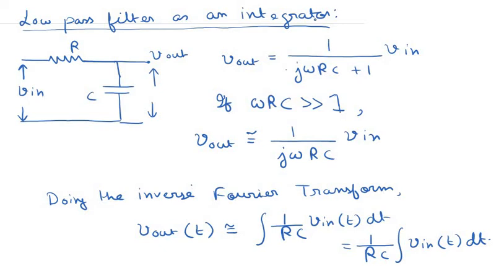Of course, this time we are having an online lab, so the hardware based experiment might not be feasible, but this is a part of your experiment number 2, I think, in the lab, where you have to do an experiment with the RC low pass filter and see that the output resembles that of an integrator.